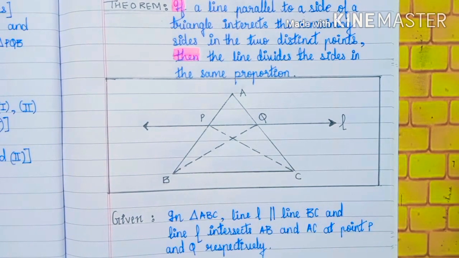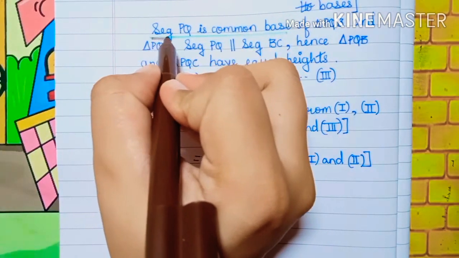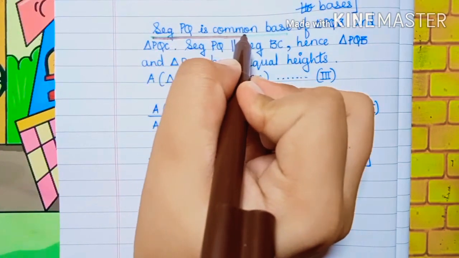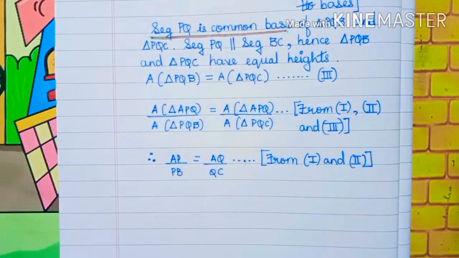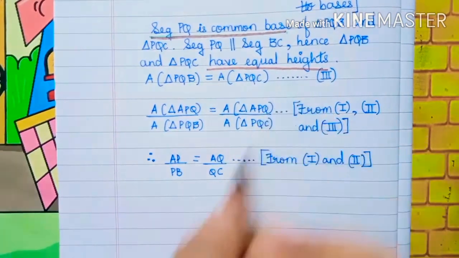Now let us move further. From this we conclude that the base of triangle PQB and triangle PQC is common and the height of triangle PQC and PQB is equal. So we will highlight it here that segment PQ is the common base and they have equal heights.